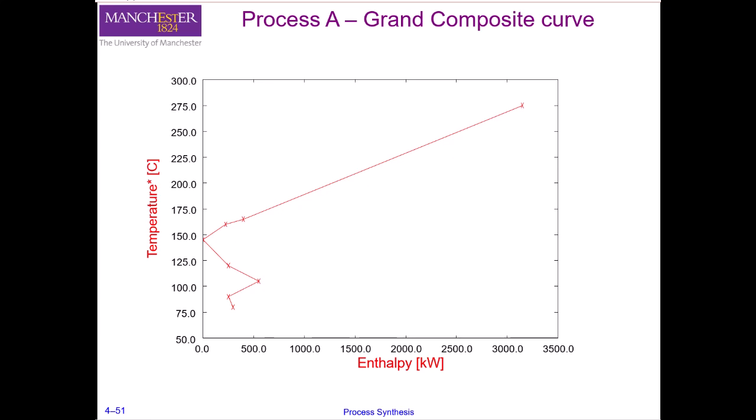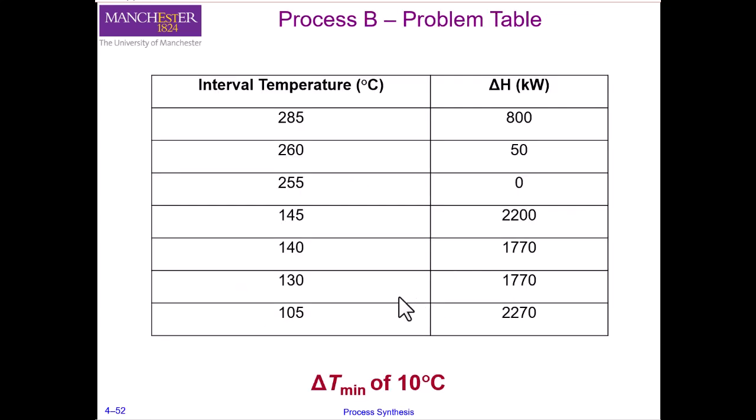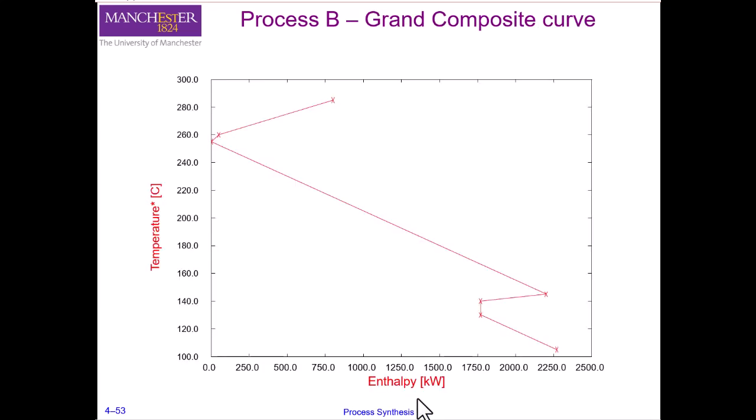Okay. And then we have our process B. Again, we have our pinch temperature, and then we have our QH min and QC min. And remember that this process is being designed at a delta T min value of 10 degrees centigrade.